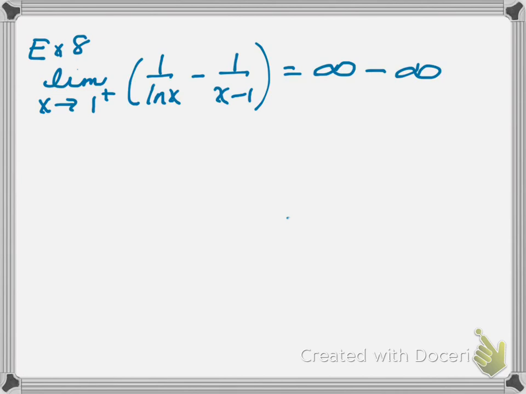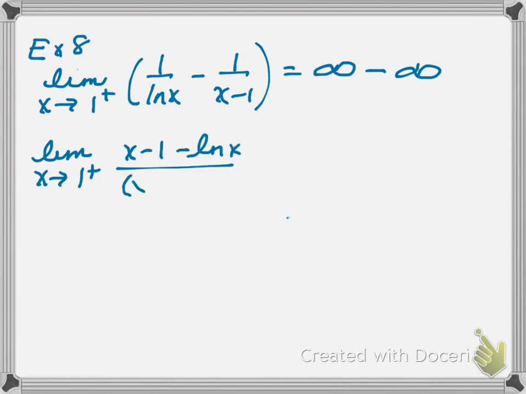I probably would want to do a common denominator. So if I find a common denominator for those two, that would be ln x times 1 minus x. So that means 1 minus x for my numerator there, minus ln x, all over x minus 1 times ln of x. So nothing there can be simplified.